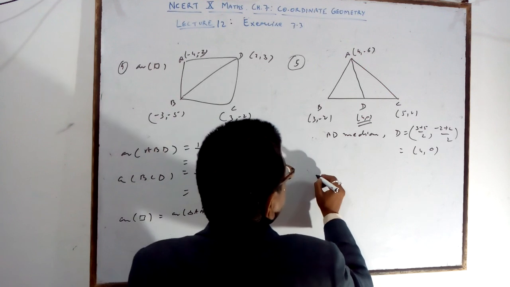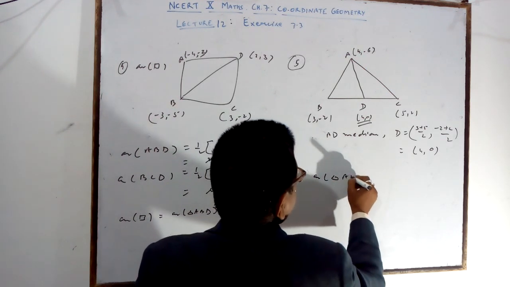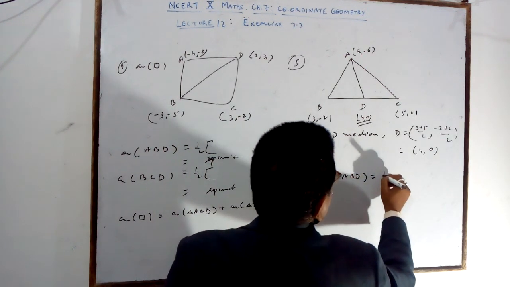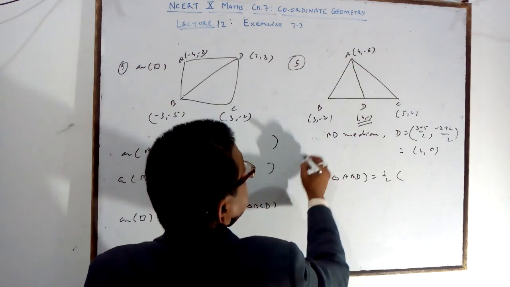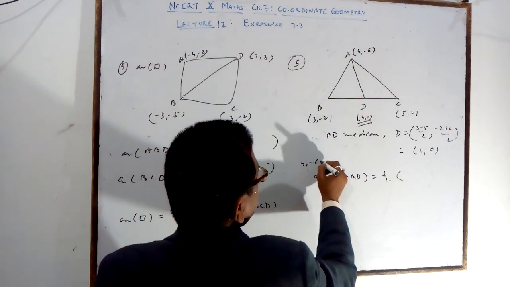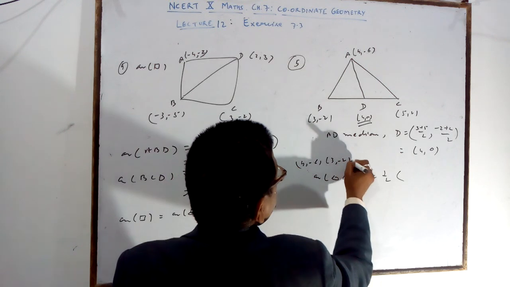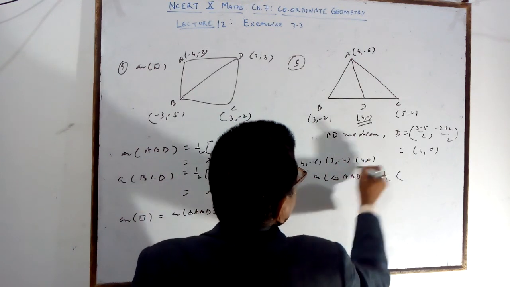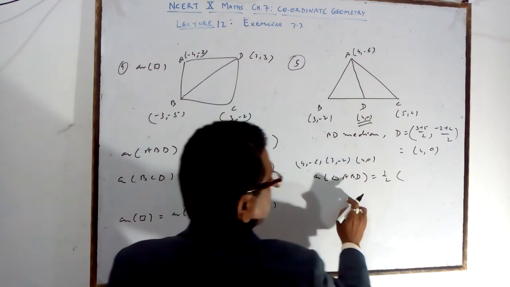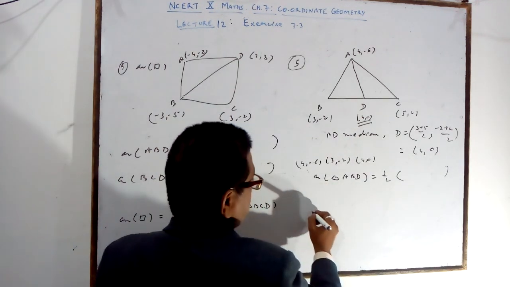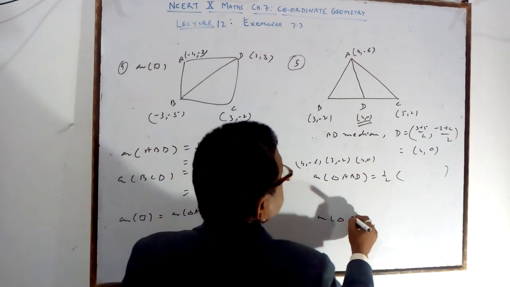Okay. Find the area of triangle ABD by half times A (4, -6), B (3, -2), D (4, 0), using x1, y1, x2, y2, x3, y3. Then find the area of triangle ACD.